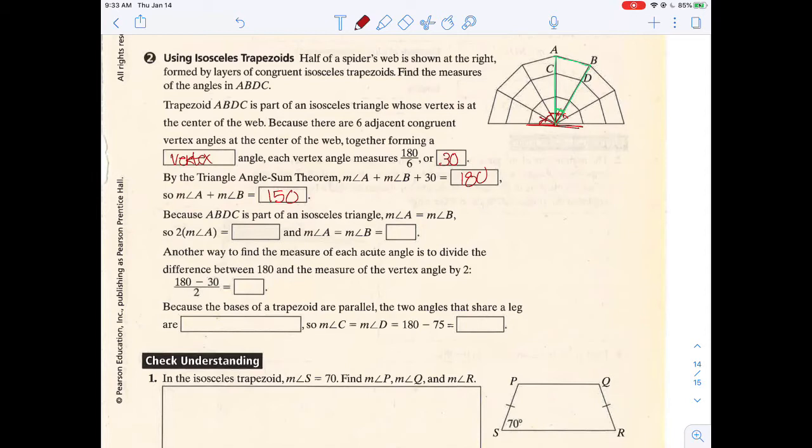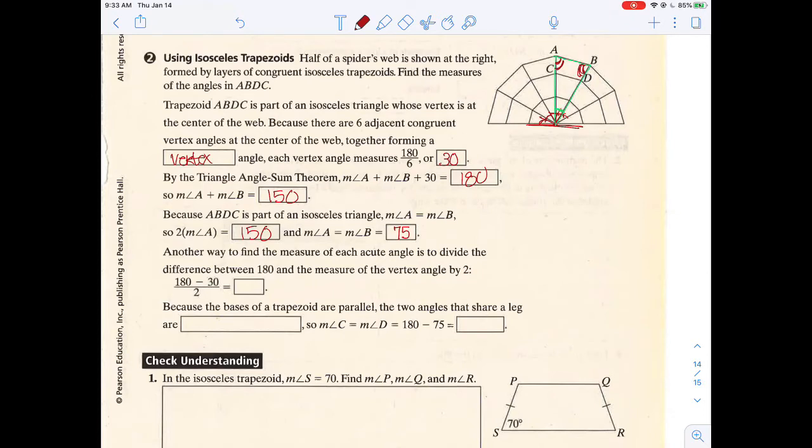Because ABCD is part of an isosceles triangle, A and B are equal, so 2 times the measure of angle A equals 150 degrees. So that means if we cut it in half, both A and B are 75 degrees. Since it's an isosceles triangle, these are both the same measure.